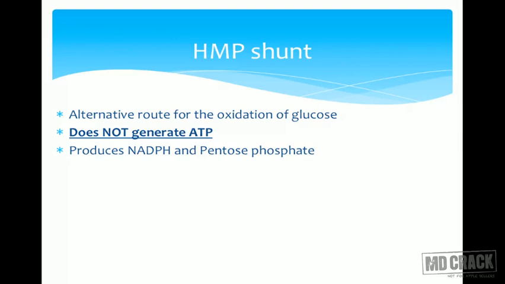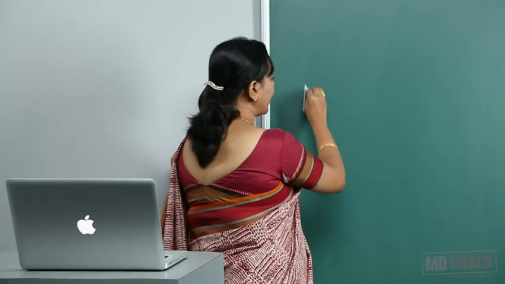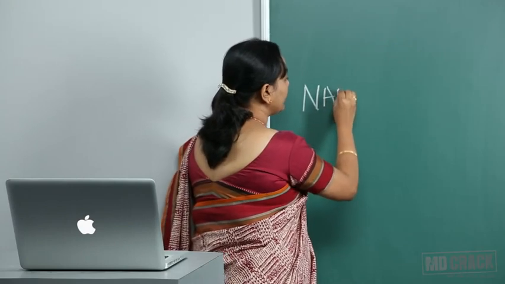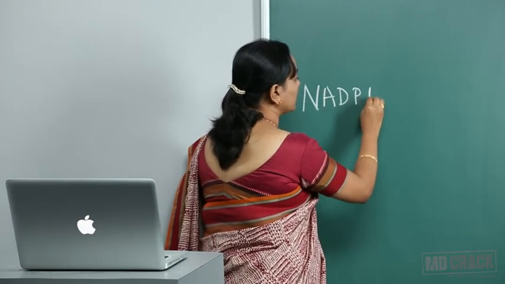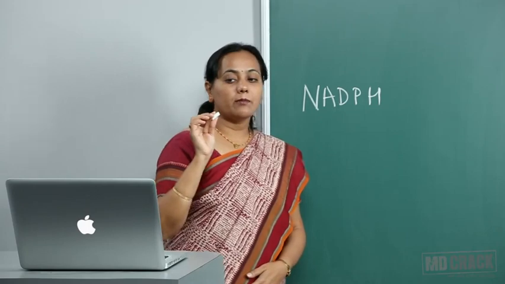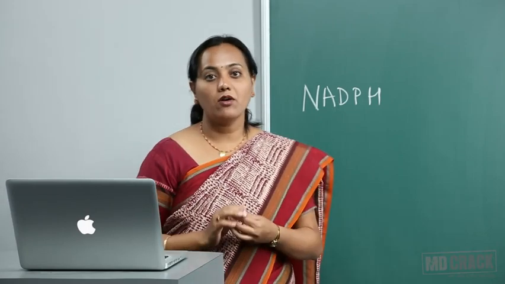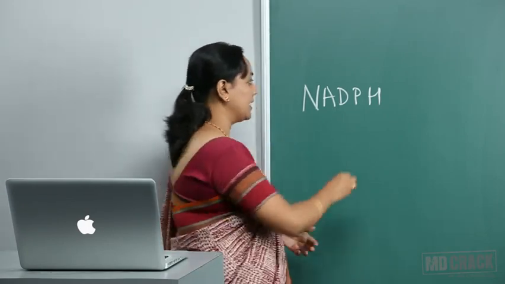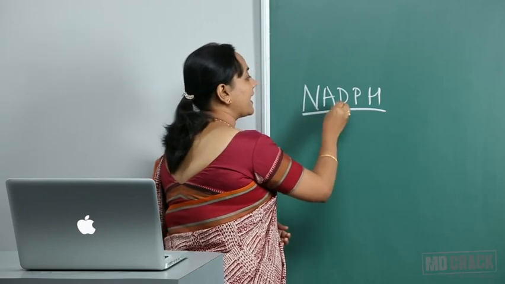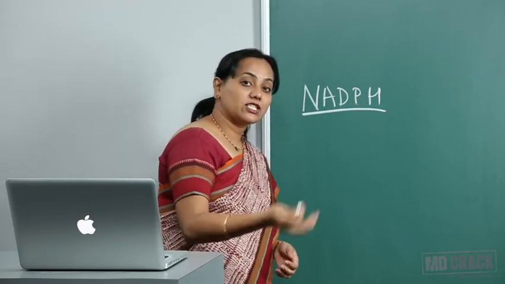Now the main thing of purpose of HMP shunt is to produce NADPH and pentoses. Do not forget the difference between NADH and NADPH. Okay, the main important function of HMP shunt, so it produces NADPH.